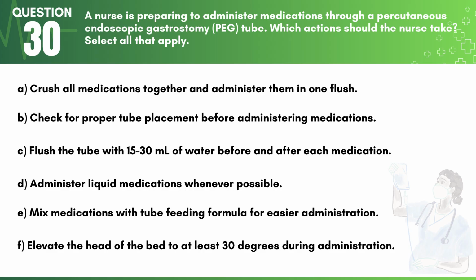C. Flush the tube with 15 to 30 milliliters of water before and after each medication. D. Administer liquid medications whenever possible. E. Mix medications with tube feeding formula for easier administration. F. Elevate the head of the bed to at least 30 degrees during administration.